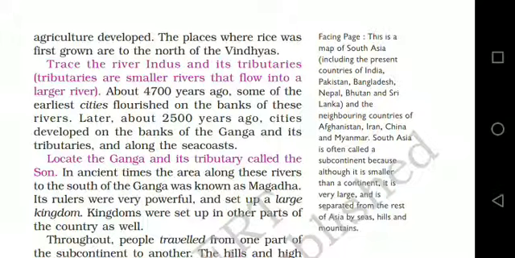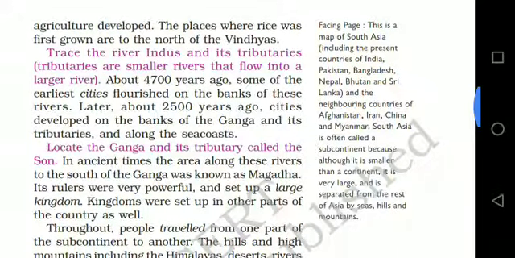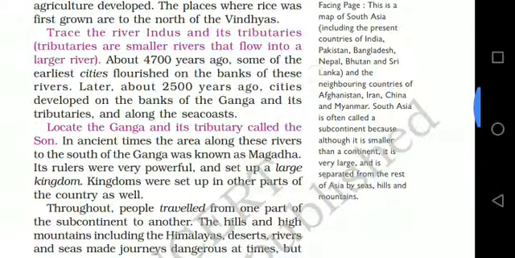Trace the river Indus and its tributaries. Tributaries are smaller rivers that flow into a larger river. About 4,700 years ago, some of the earliest cities flourished on the banks of these rivers. Later, about 2,500 years ago, cities developed on the banks of the Ganga and its tributaries and along the sea coast.